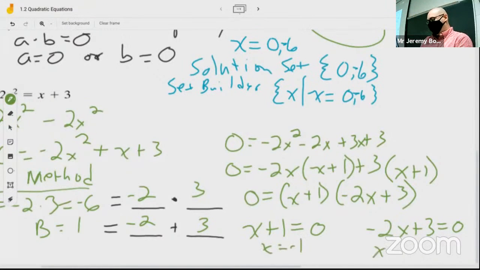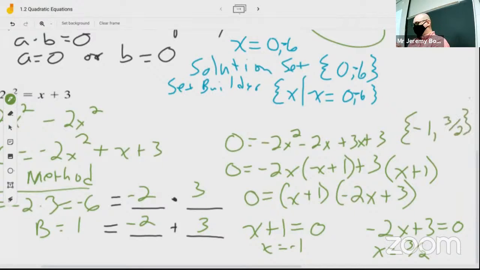Here we would get x is equal to 3/2. And so my solution set is going to be -1 and 3/2. The order that you write the answers in the solution set does not matter. Order doesn't matter in sets.